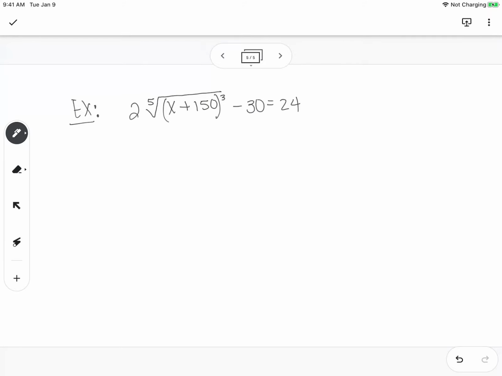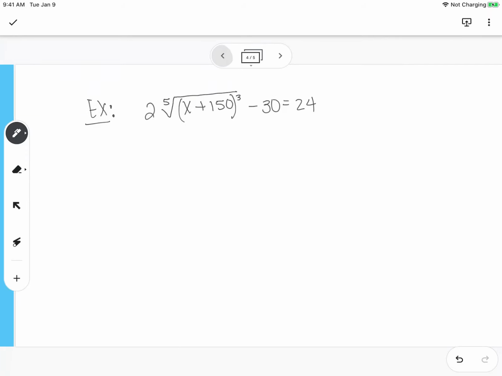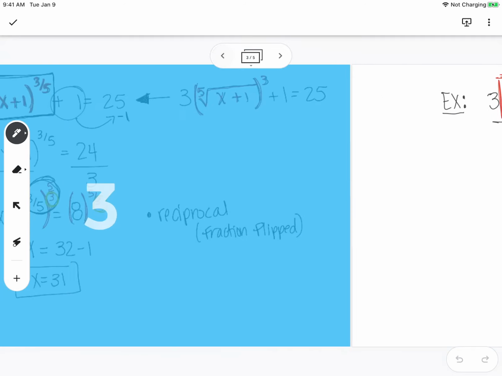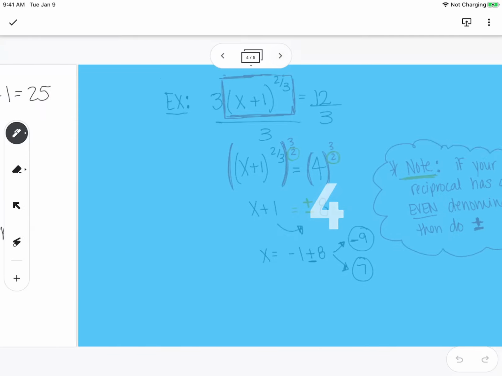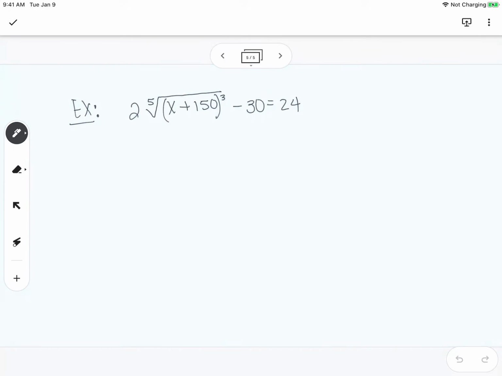Do you remember what I said earlier about a funky looking radical that's not a square root? If it's written as a funky looking radical, what are we going to do? That's right, you're going to rewrite it as a rational exponent, because that's going to make your life a whole lot easier. So I'm going to rewrite this as x plus 150.